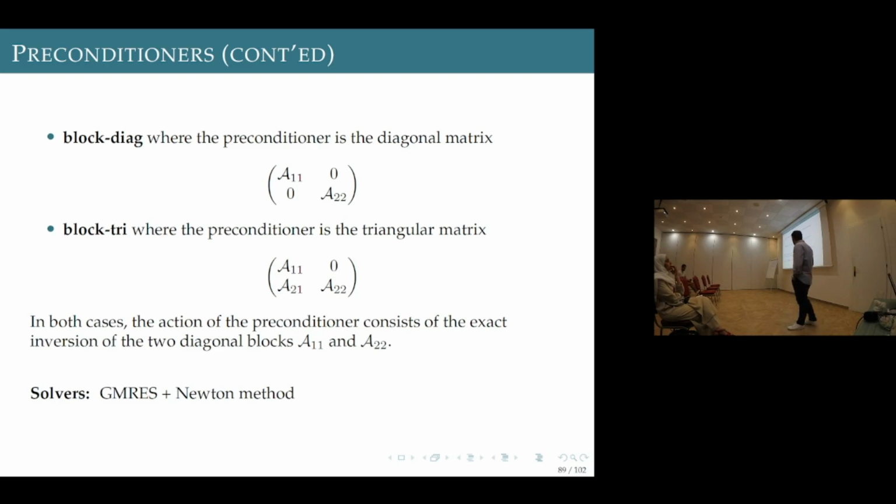The first one is block diagonal, where the preconditioner is the diagonal matrix, and the second is block triangular, where the preconditioner is this triangular matrix. In both cases, the action of the preconditioner consists of the exact inversion of the 2 diagonal blocks, A11 and A22. As solvers, we use GMRES for the linear system plus Newton method for the case of the nonlinear solid model.